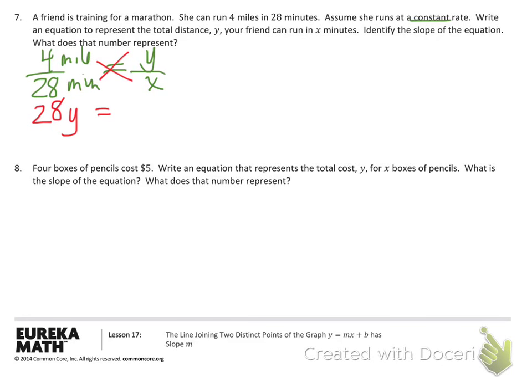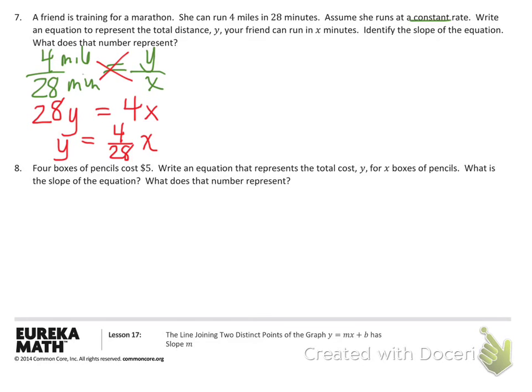is equal to 4x. And if I want to get y by itself, I can see that y is equal to 4 over 28 times x.